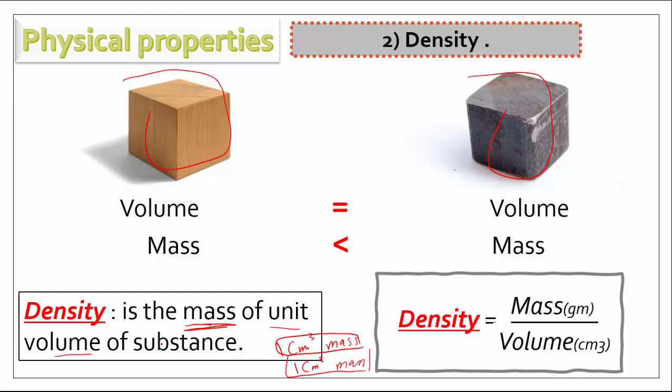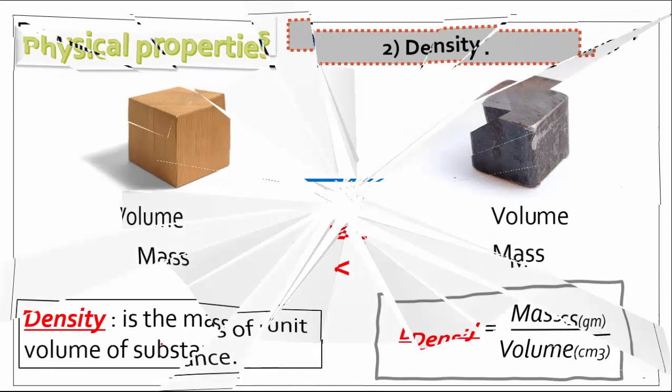And the measuring unit of volume could be centimeter cubic, meter cubic, liter, and so on. There are many measuring units. Now we understood what's meant by density because it's so important. Let us read the definition again. Density is the mass of unit volume of substance. And remember, no two matters have the same density.